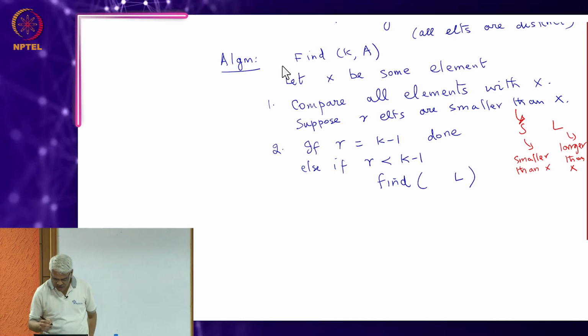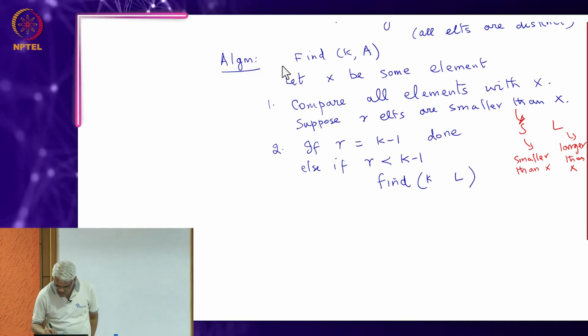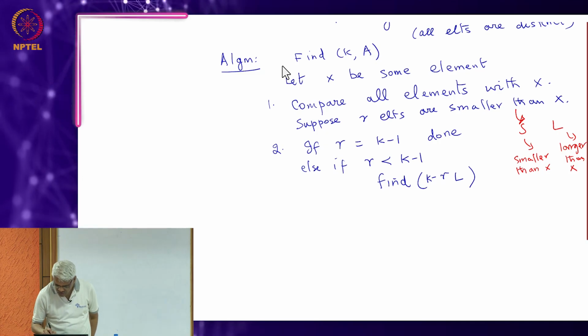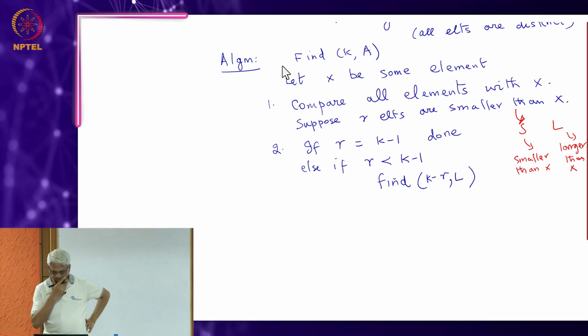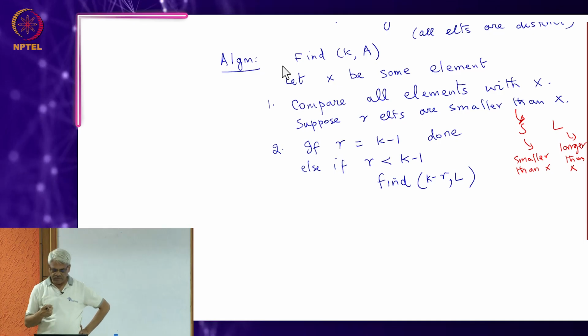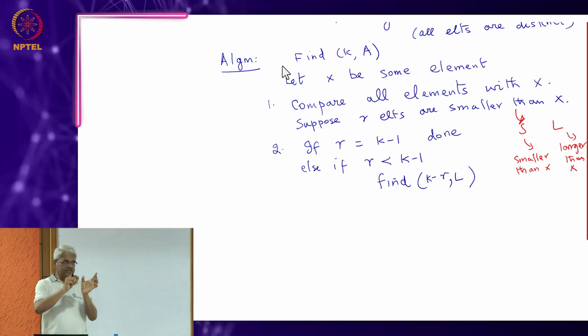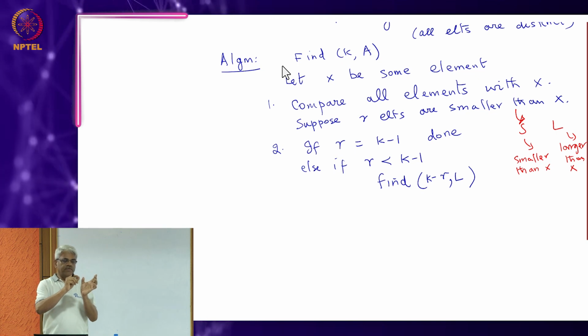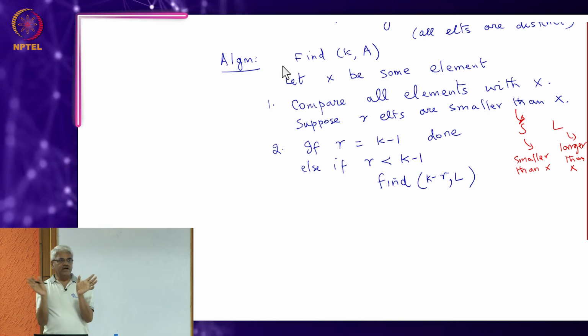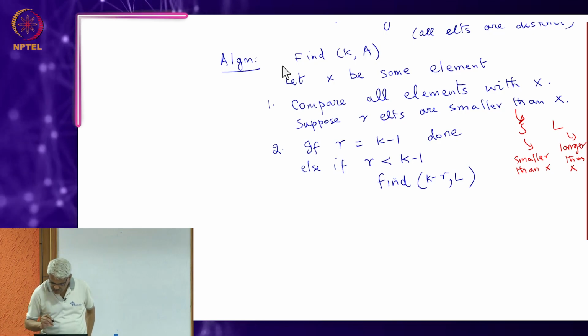Is it r or r plus 1? Because there are r elements smaller than x and then there is x, that makes it r plus 1. So now in the right hand side I am going to look for k minus r plus 1.